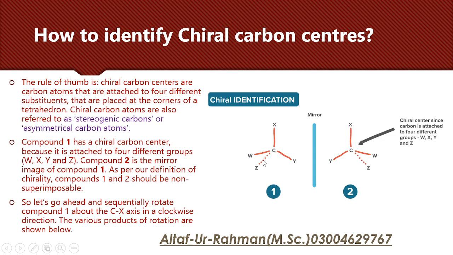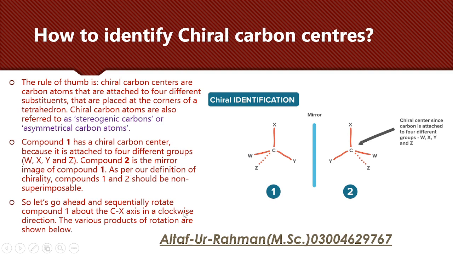Identification of chirality: the rule of thumb is that chiral carbon centers are carbon atoms that are tied to four different substituents placed at the corners of a tetrahedron. Chiral carbons are also referred to as stereogenic carbons or asymmetric carbon atoms. Compound 1 has a chiral carbon center as it contains four different groups, as you can see here. Compound 2 is the mirror image of compound 1.